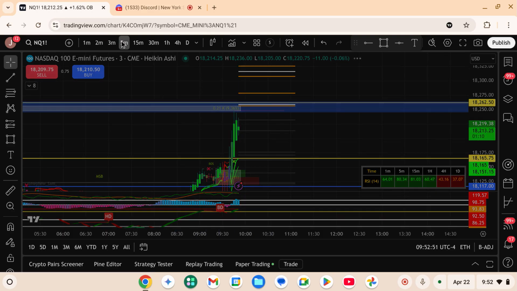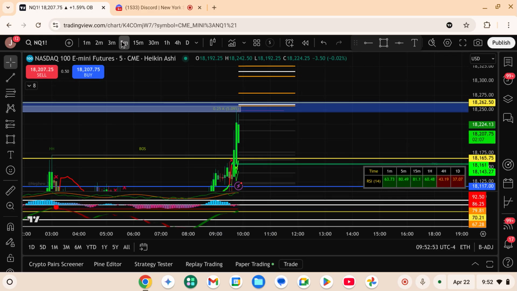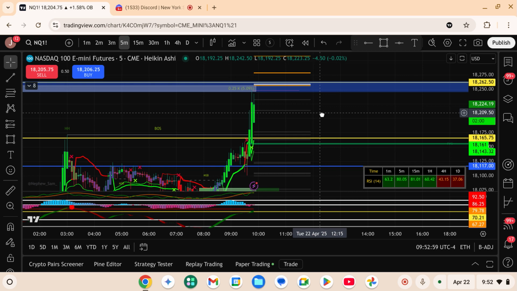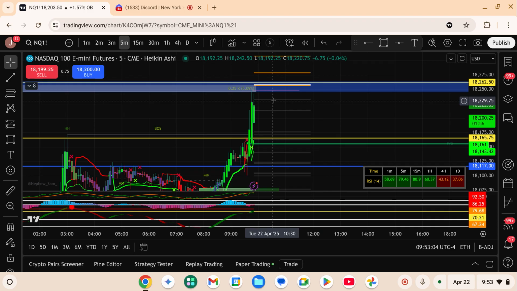Let's go to the 5 minute and just wait. Did anybody take that breakout trade? Or you're still waiting for a better setup?